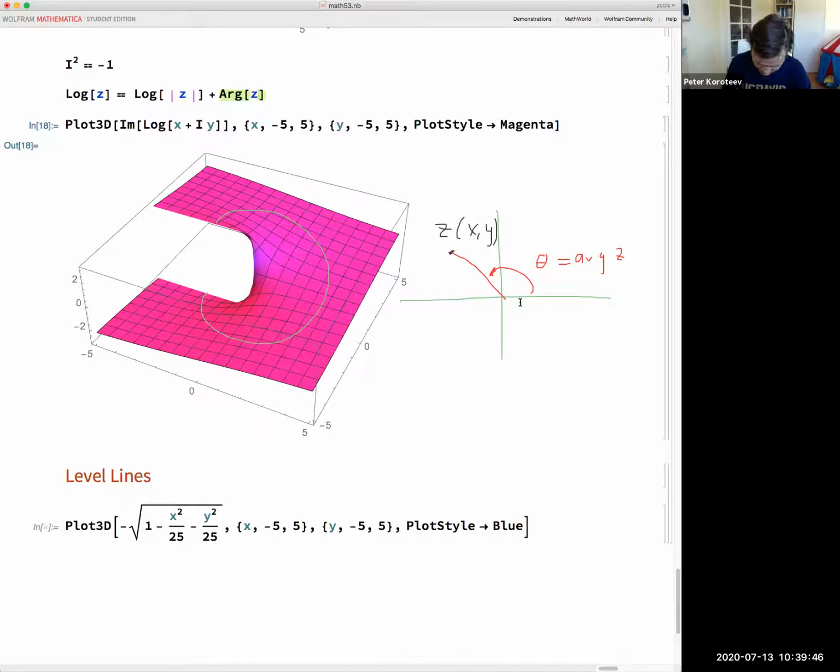In complex analysis, every complex number you can write as the absolute value of z times exponential of i times theta. You've probably seen this formula before. For example, e to the i theta you can write as cosine theta plus i times sine theta.